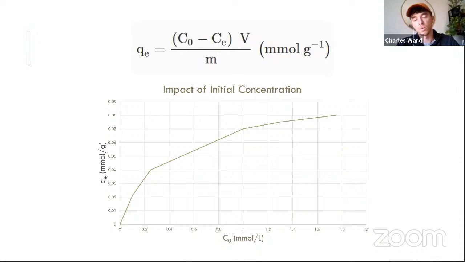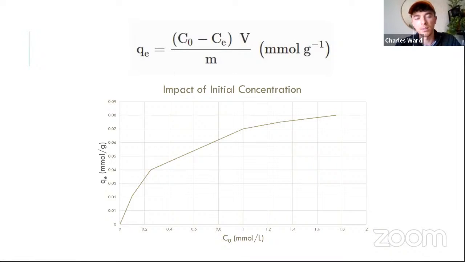Next, I wanted to see how my absorption capacity at equilibrium related to my initial concentration of metal, because that's one of those parameters that I could screen, I could play around with when doing the synthesis. So I used this equation. It relates that same QE to the CE value, molar volume, the mass of my support, to the CO, which is my initial concentration.